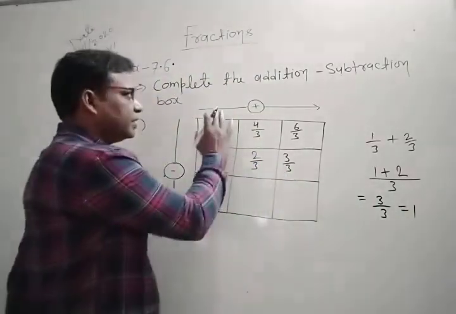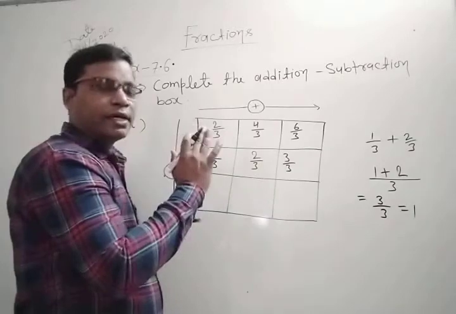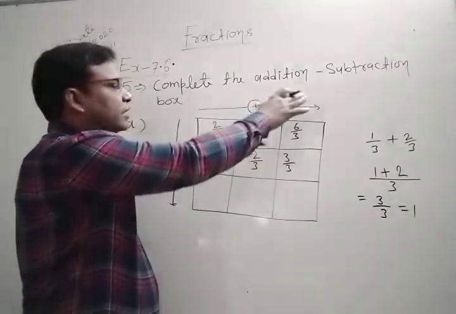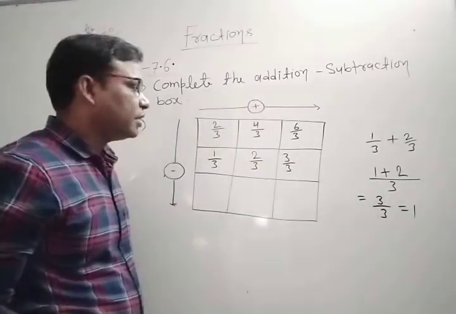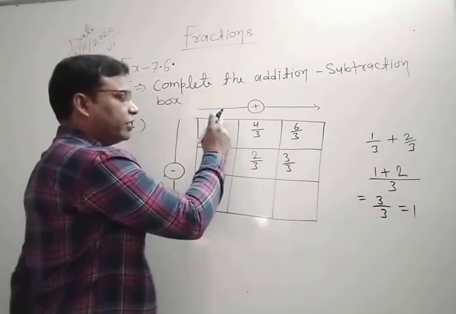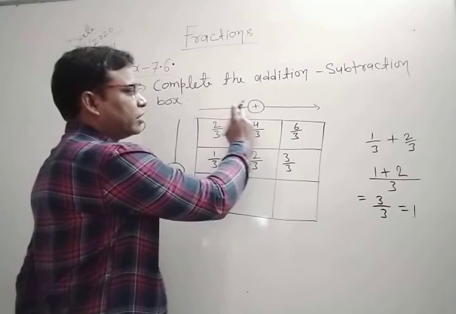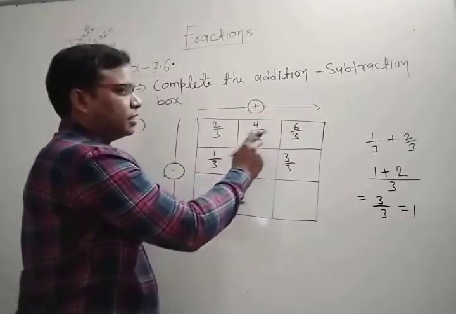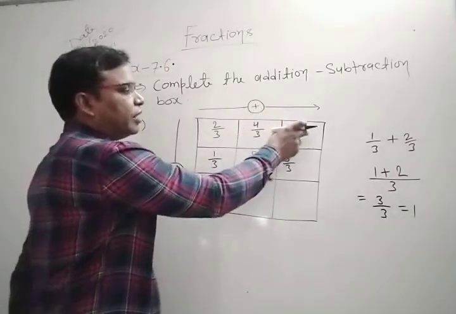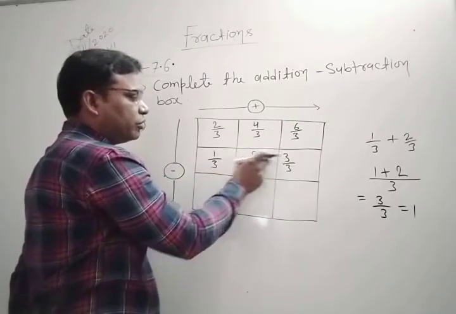You can see in this box, question number 5, complete the addition subtraction box. We need to complete it. First, given 2 by 3 and 4 by 3, and you can see this arrow represents addition. If you sum them, you write here; again you sum them, you write here.